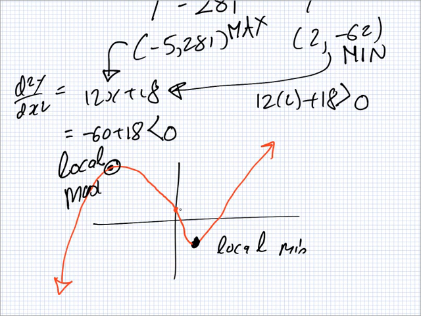Does this graph have a global max? Is there a point on the graph that is above all other points? No, because no matter where you are, you can always go up a little higher. And is there a global minimum? No. But if you think about a quadratic, if you found the minimum on the quadratic, not only is it a local minimum, it's also a global minimum.